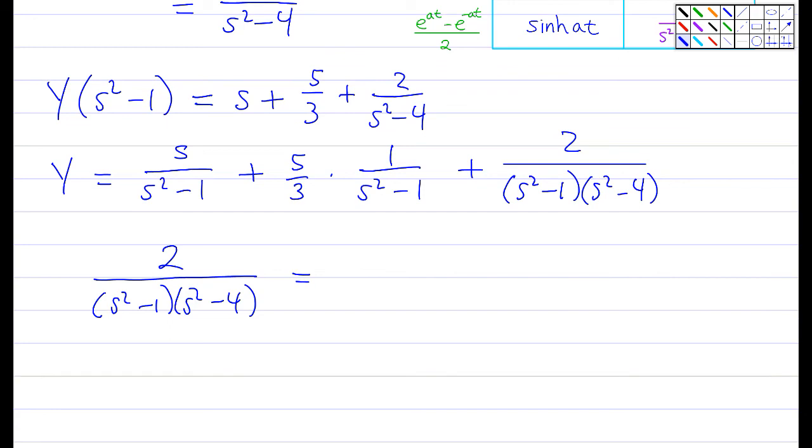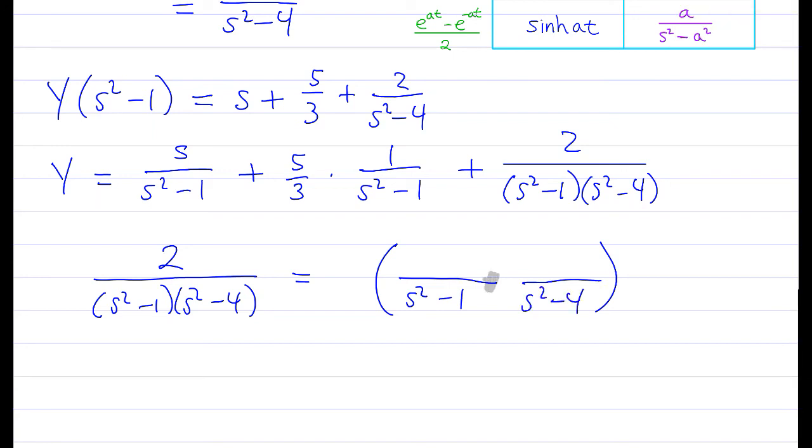That's going to be, we're going to have an s squared minus 1 in one fraction and s squared minus 4 in another fraction. Okay, now you can do this using partial fraction decomposition as usual, and you would put as plus b here, cs plus d here, and you would go through the method to solve for a, b, c, and d.